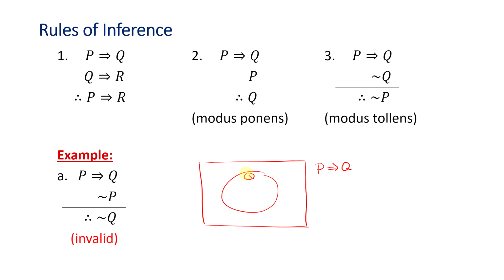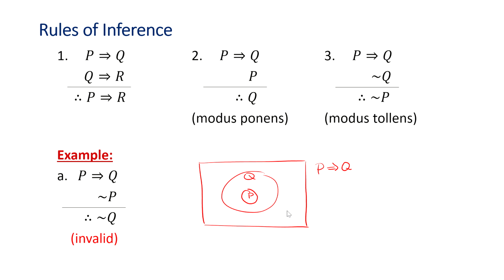You have some big set that we'll call Q, and some smaller set that we call P. Notice what happens here: if you are inside of set P, you are guaranteed to also be inside of set Q, because P is a subset of Q. That's how to turn this logical implication into sets.